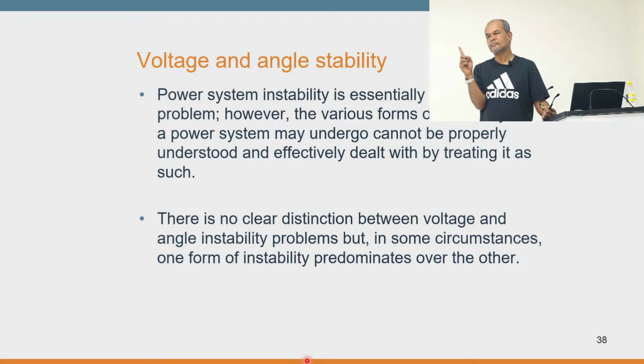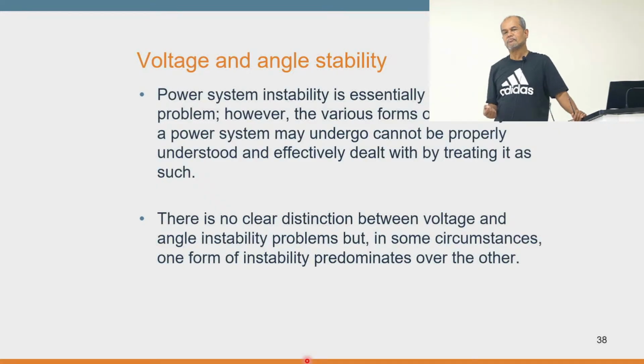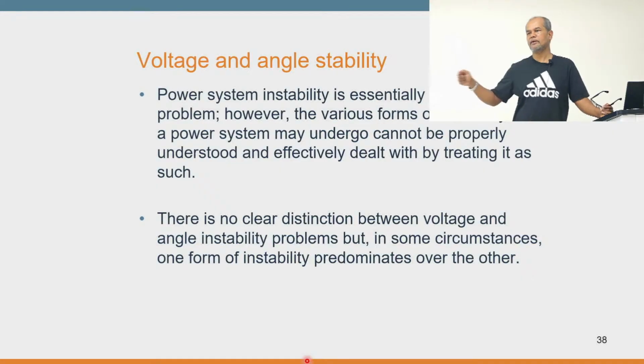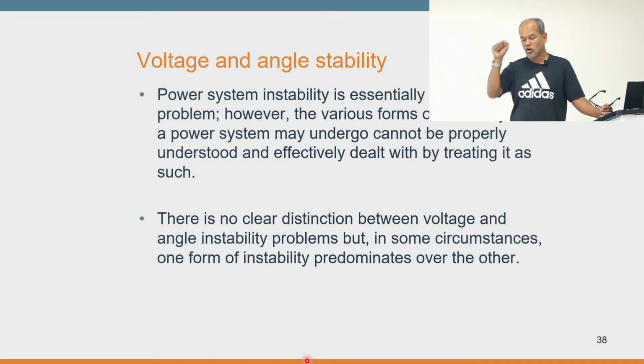In fact, when it comes to instability, there is actually no classification: unstable means unstable. But the reason we classify is that we need to find out what actually causes the system to become unstable. Is it voltage which initially introduced the instability problem in the system, or is it angle, or frequency?